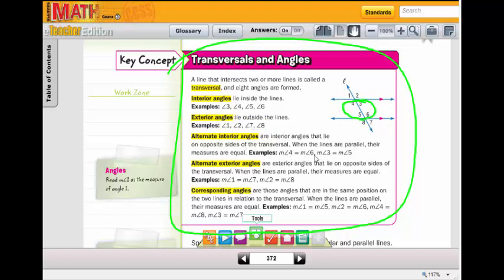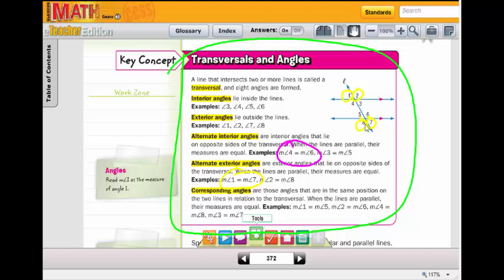So let's back this up a little bit. We'll use this color here. 4 and 6 would be alternate interior, and so would 3 and 5. And we also have alternate exterior, so 1 and 7, and 2 and 8 are alternate exterior.